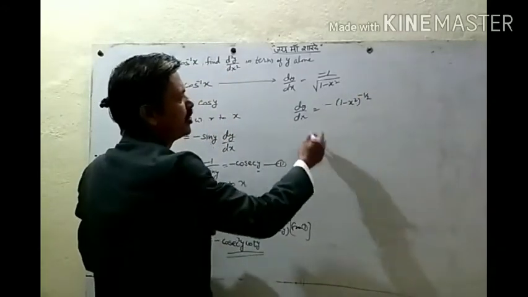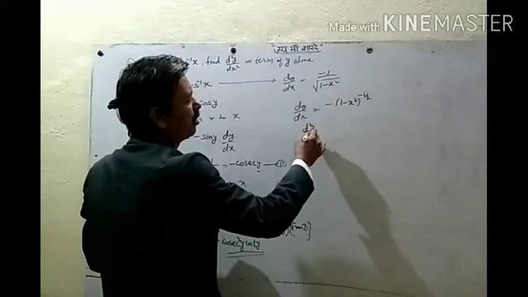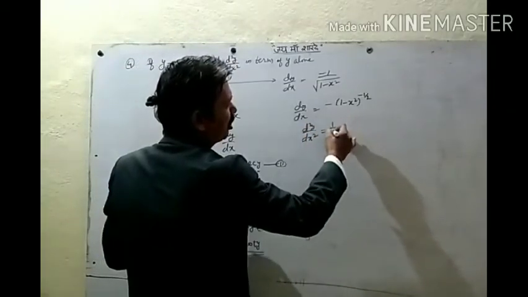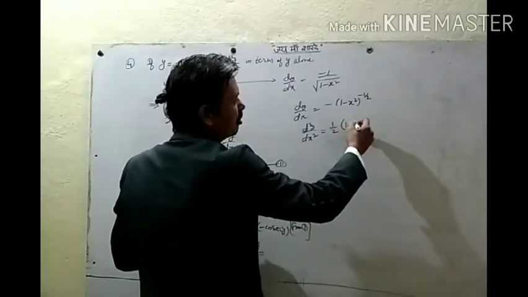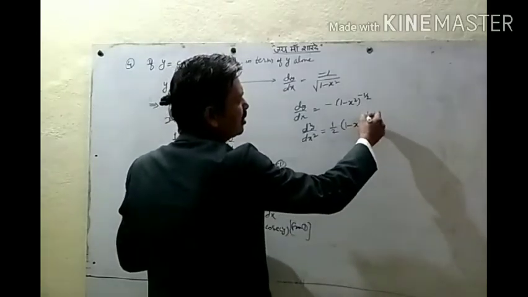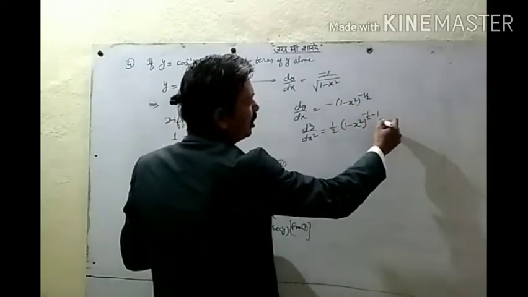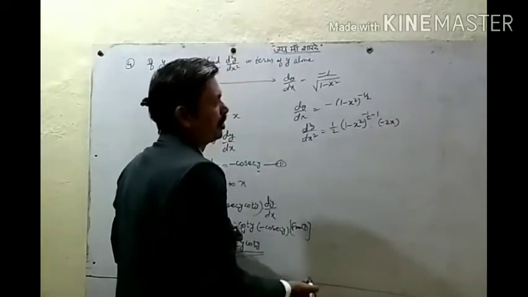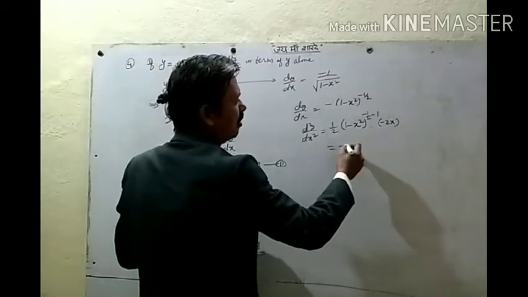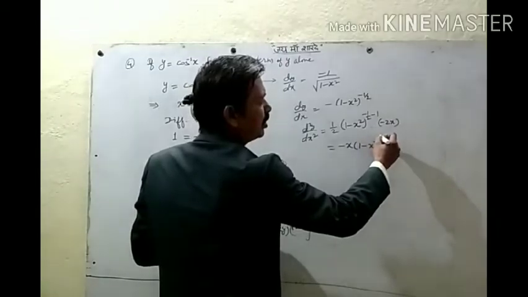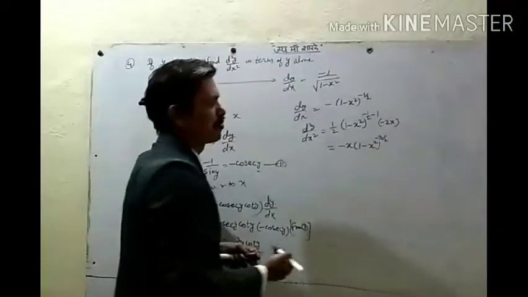Now differentiate again. So d2y by dx square, minus minus plus, you get 1 by 2 into minus 1 minus x square to power minus half minus 1, but it is not actually x, so again differentiating by chain rule. The 2 cancels, then you get minus x into 1 minus x square to power minus 3 by 2.